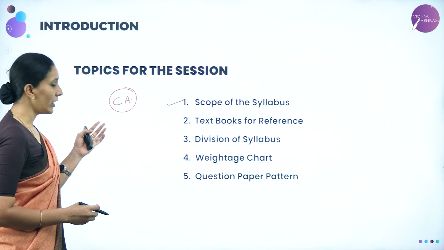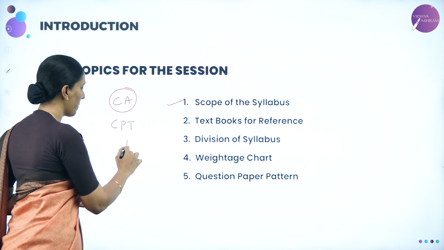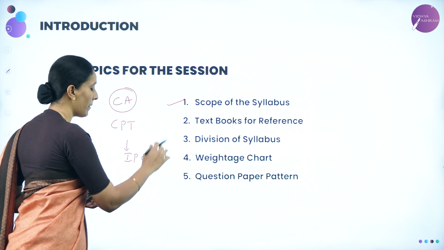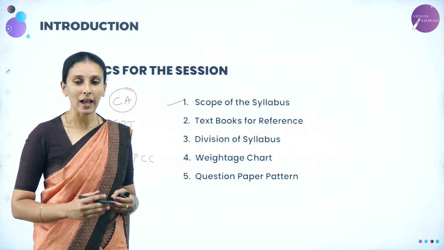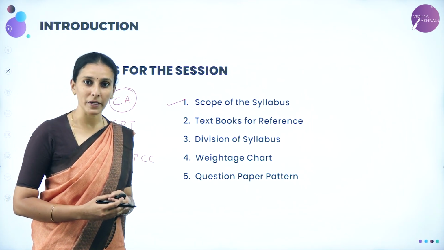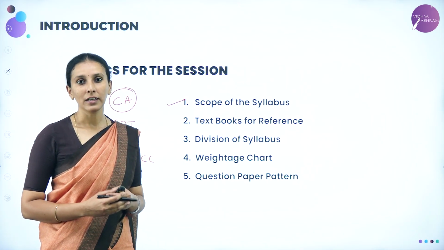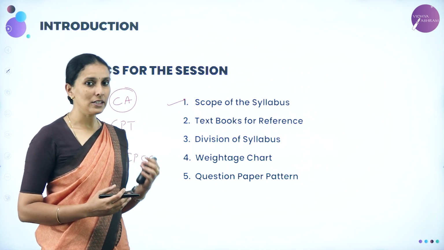Now here, to clear CA, you have an entrance examination called CPT, IPCC, and many other competitive examinations after your plus 12. So for that reason, you will be very thorough with basic maths as a tool.